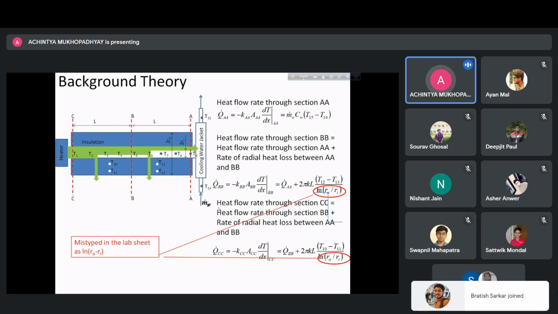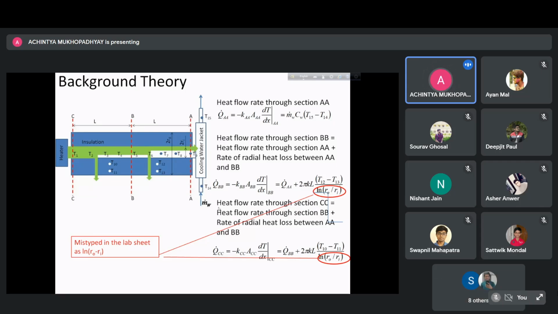But here again we make a very bold assumption. We justify this assumption in this way: heat transfer is very negligible along the length of the insulation.